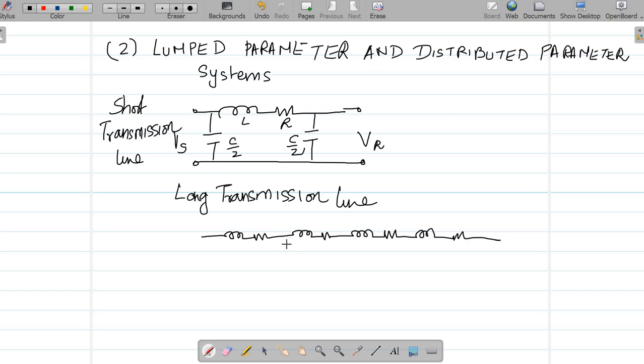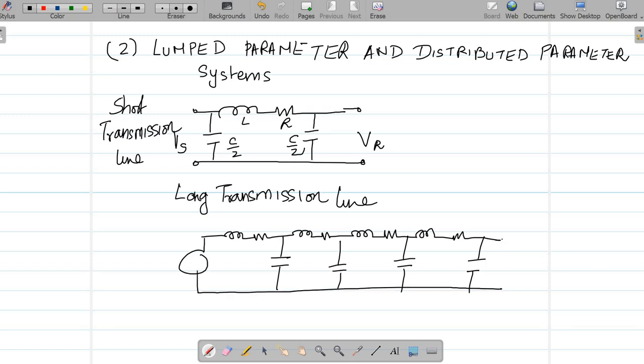So it is distributed. Similarly, the capacitor is also distributed. So we have V of S, and then we get V of R.